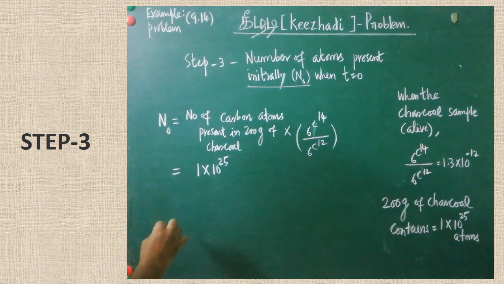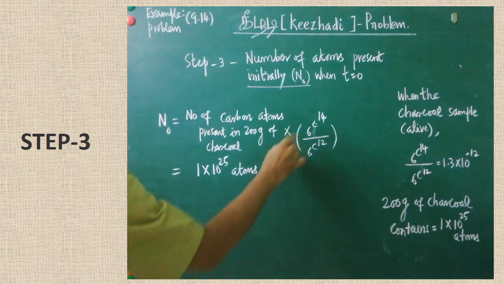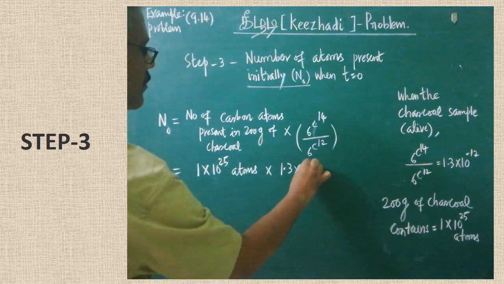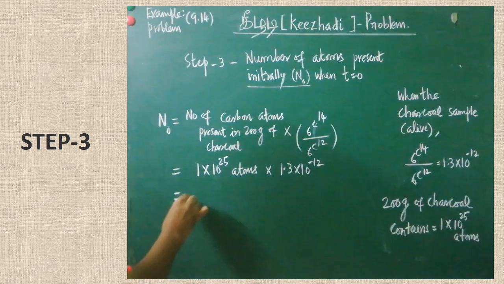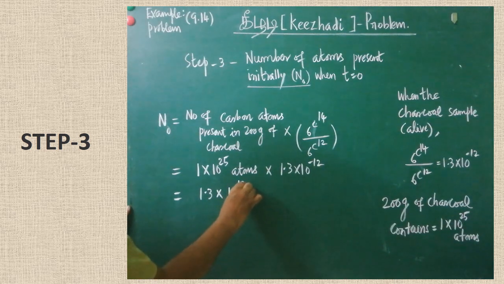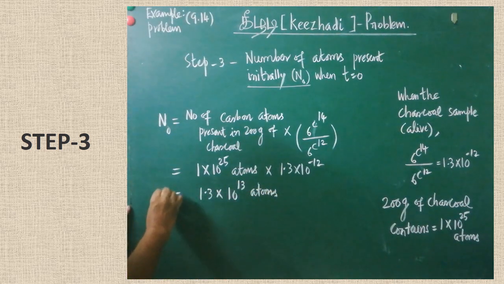It's a ratio, so simply substitute 1.3 into 10 to the power of minus 12. After multiplying both, the answer will be 1.3 into 10 to the power of 13. 1.3 into 10 to the power of 13 atoms were present initially.